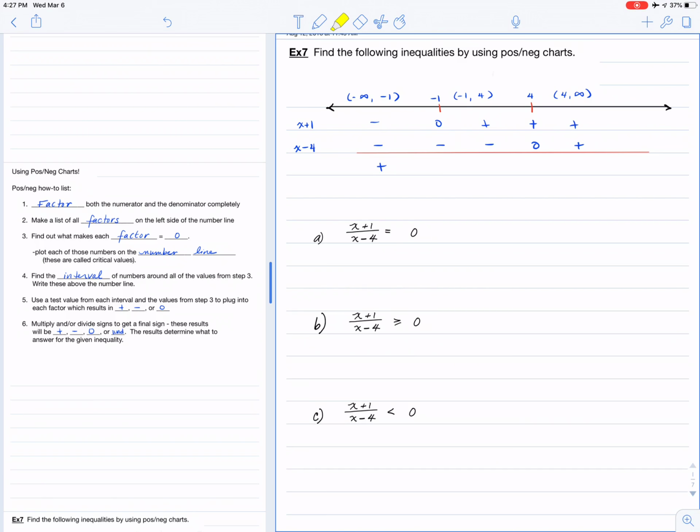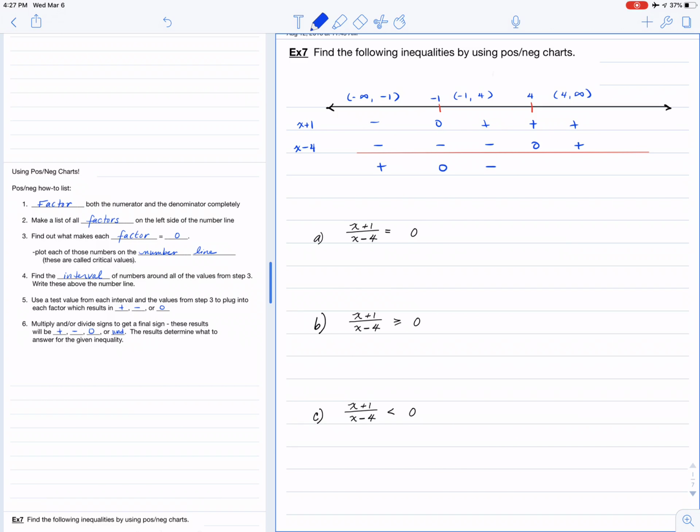And I'm going to do the same thing for the next pair of signs. Only now it's going to be 0 divided by negative. Well, 0 divided by any number is 0. Now take the next pair of signs. Positive divided by negative is negative. Take the next pair of signs. Positive divided by 0.